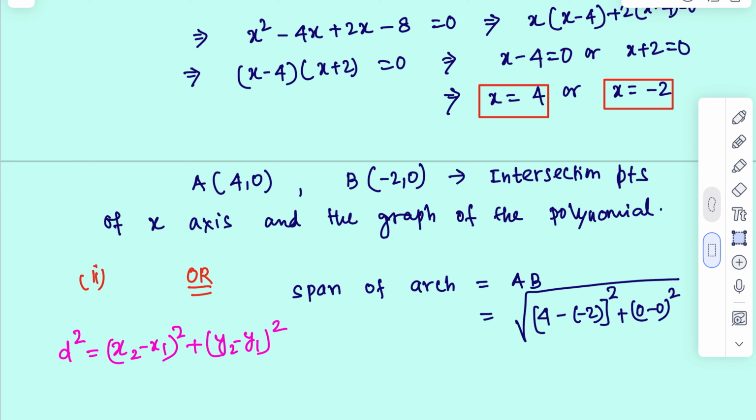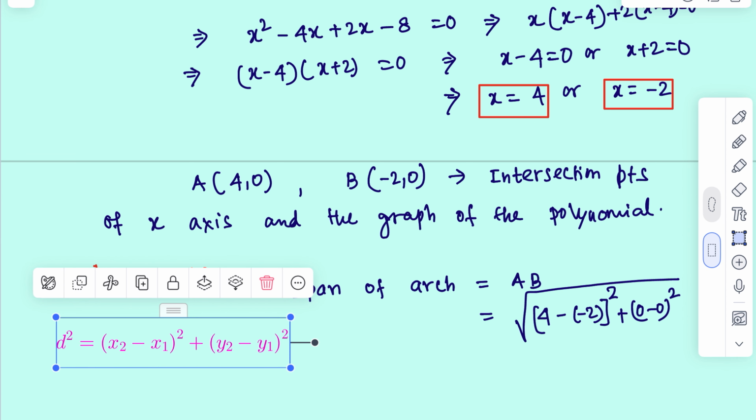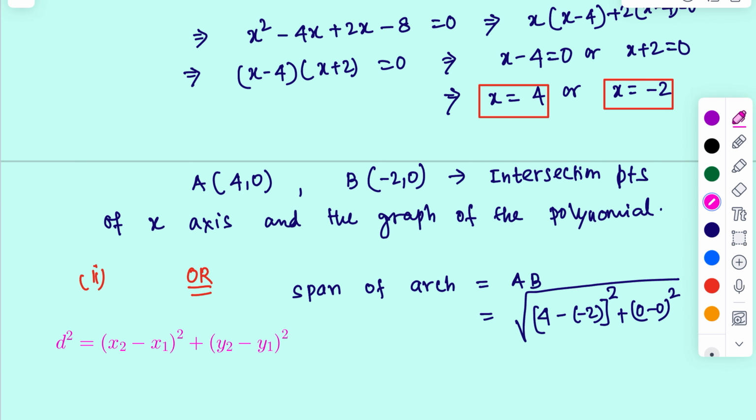If you apply this formula here, then this will be equal to the square root of 4 plus 2 whole square plus 0 square, that is equal to 6 feet.